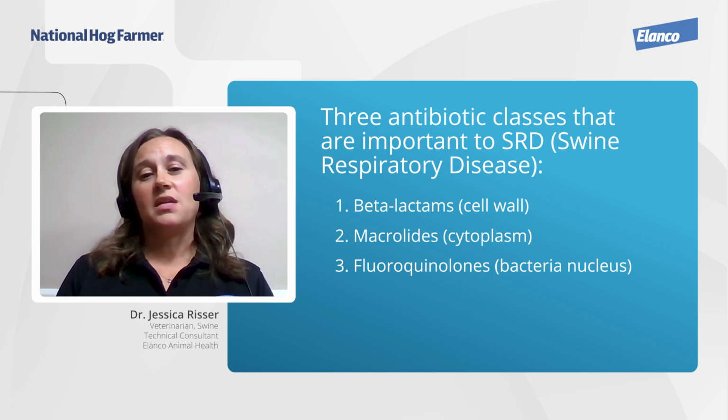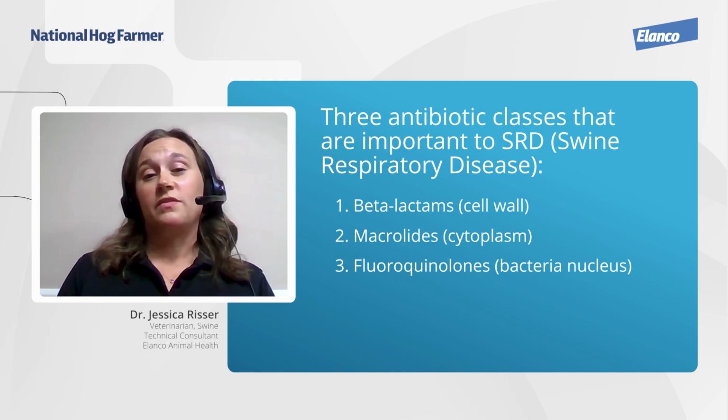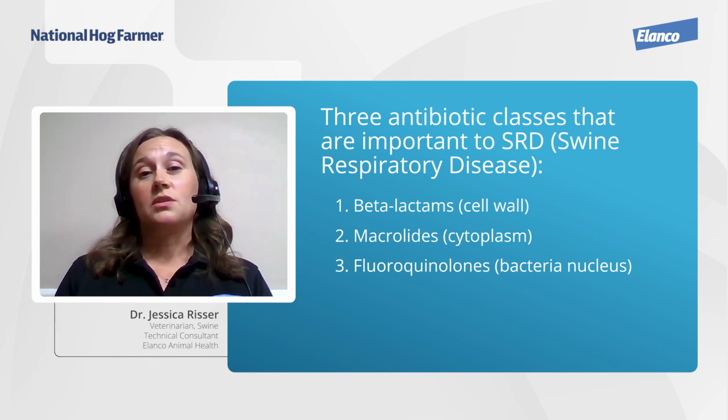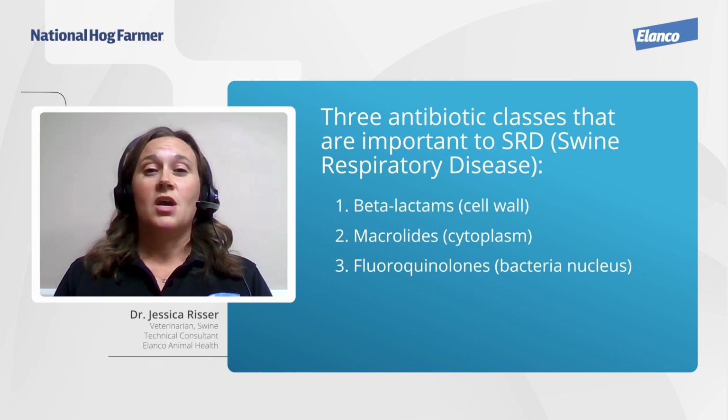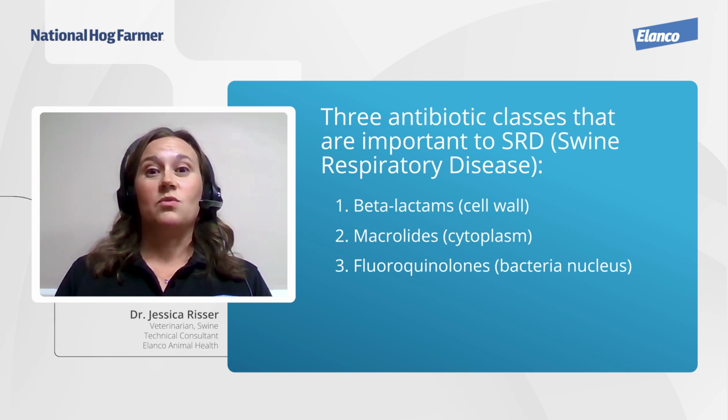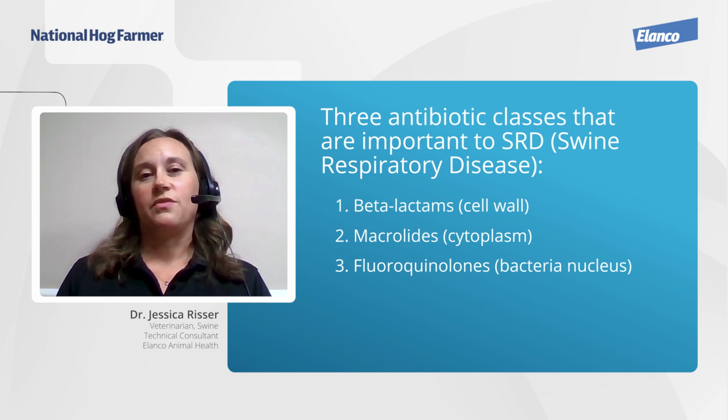Macrolides go inside the bacteria itself to the cytoplasm and work on ribosome 50 to inhibit protein synthesis. And then fluoroquinolones go a step further inside the bacteria nucleus, and they block enzymes that are important for DNA and RNA replication. So you can see the antibiotics not only move differently within the treated animal, but they work differently on different areas of the bacteria itself.